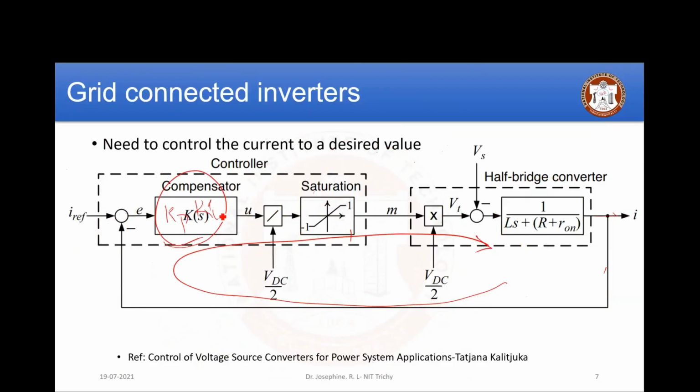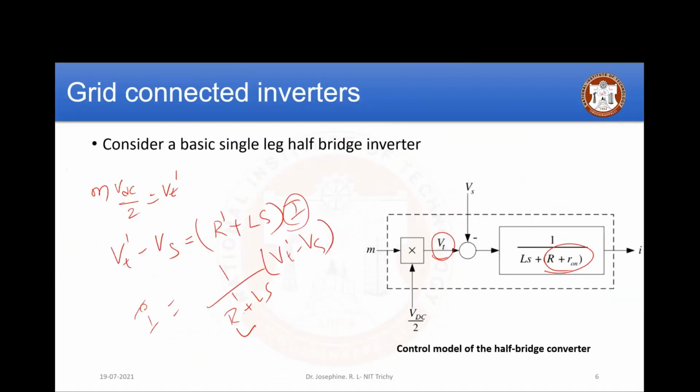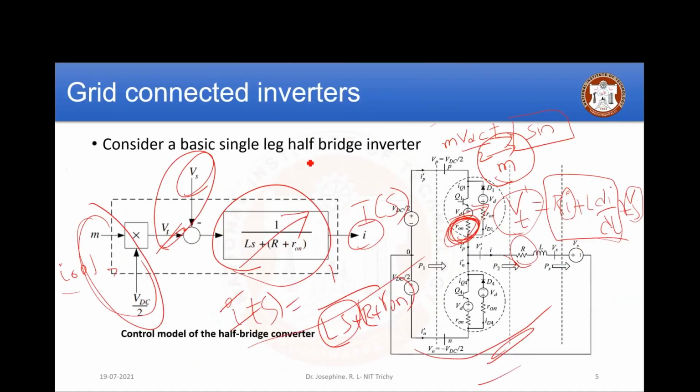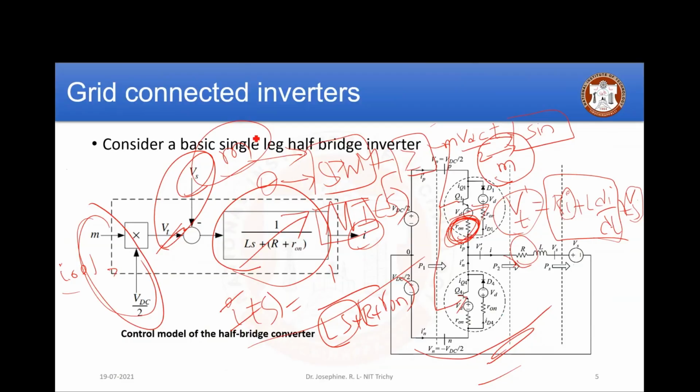Once you get this KP, KI, whatever modulation method you use, if you are using SPWM, you're always getting theta, and this modulation index M that you feed here is going to be compared with the repeating sequence. That will give you a switching sequence to these two switches. So after the PI controller, you have to use that. So let us see the same in simulations.